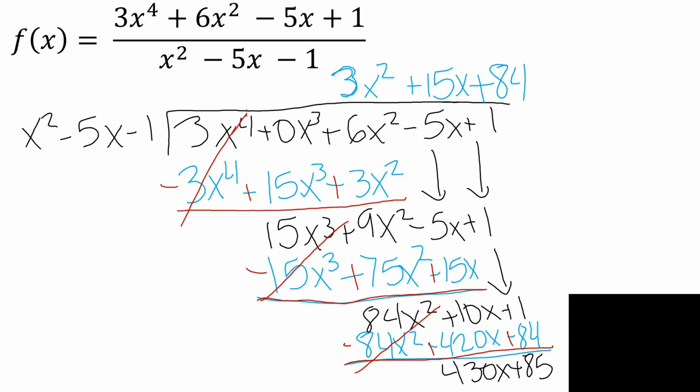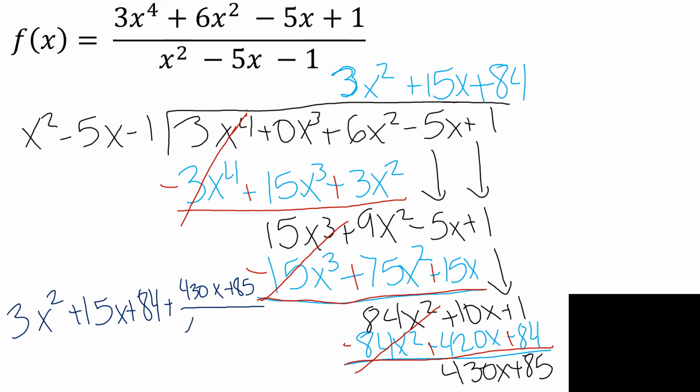So I'm going to write all of this out over here on the lower left-hand side because I didn't leave myself much room. I now have 3x squared plus 15x plus 84 plus 430x plus 85 over x squared minus 5x minus 1. So the answer is all this over here.